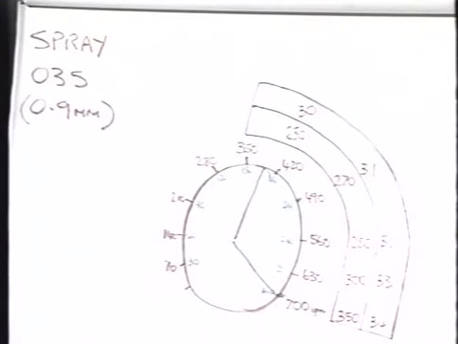As you can see, therefore, the spray range with an 035 wire is between the 1 o'clock position and the 3, 4, 5 o'clock position. The current range will be traditionally 230 to about 350 amps. The voltage range is 30 to 34.